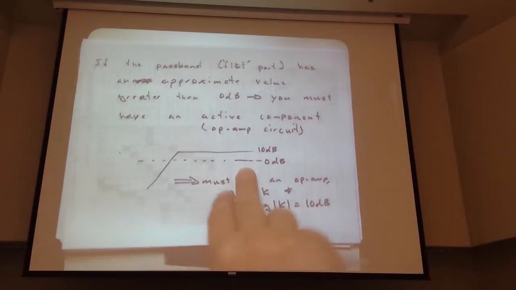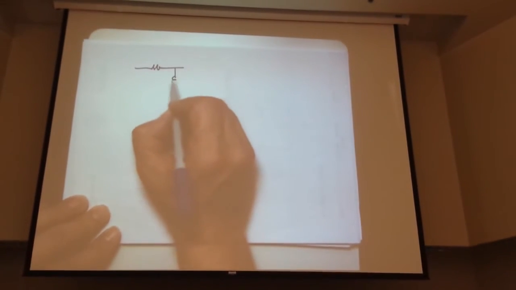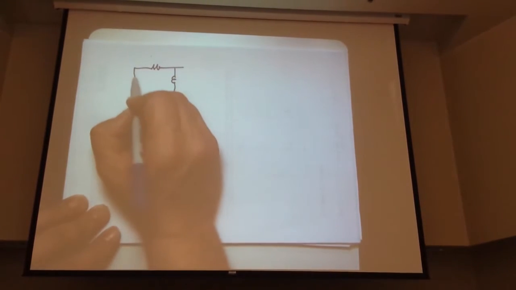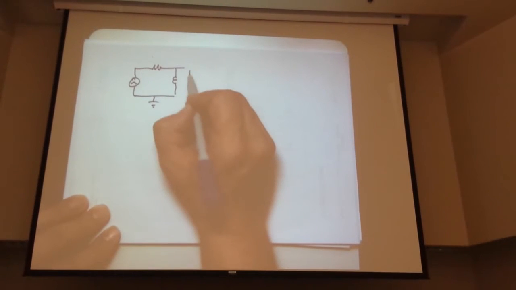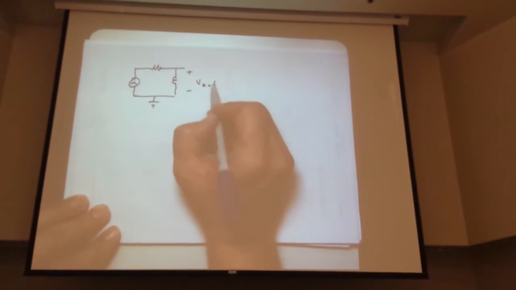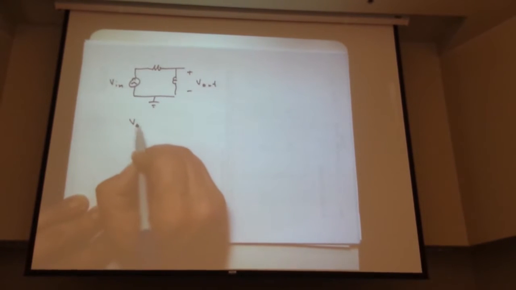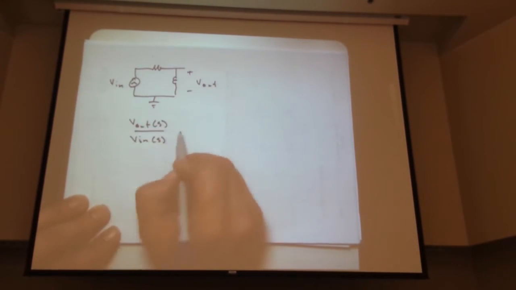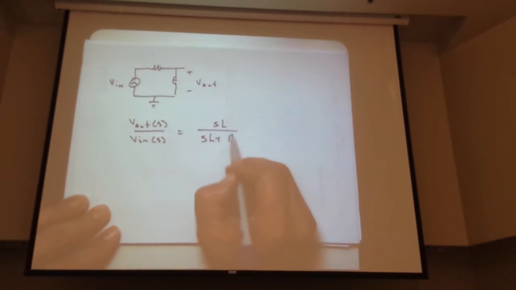So if we look at our high pass filter in this case, what's H of S, V out over V in, equals SL over SL plus R, right?